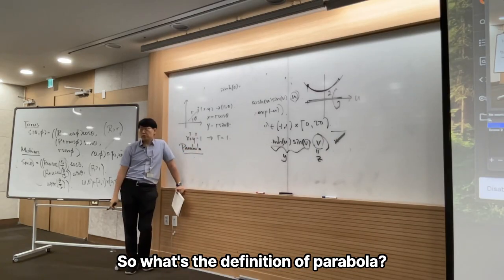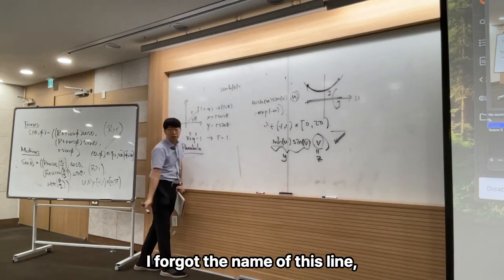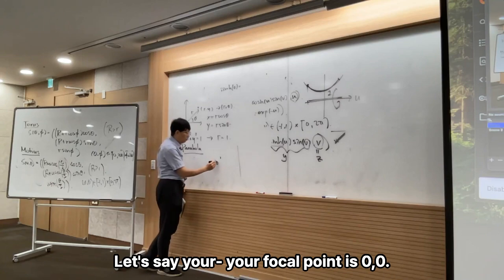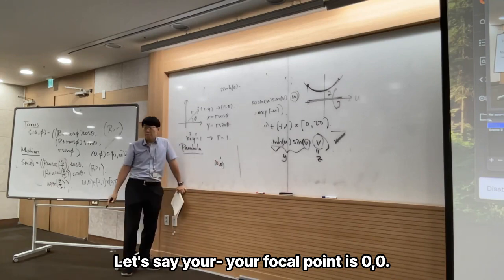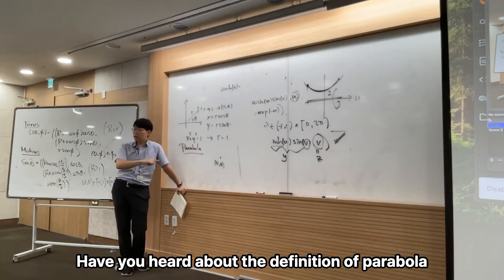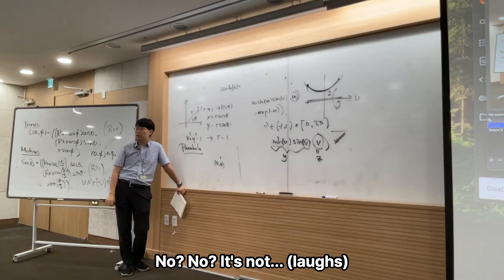What's the definition of a parabola? I think this is something you learn in high school, right? You have a line, I forgot the name of this line, and you have a focal point. Let's say your focal point is 0, 0. Have you heard about the definition of a parabola using this line and focal point? No?